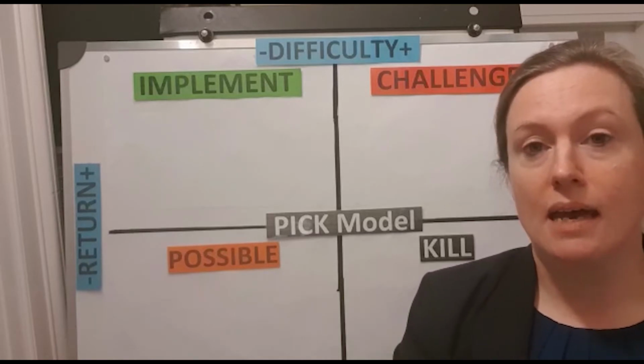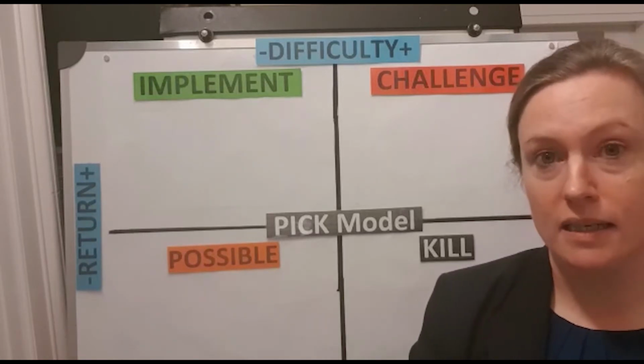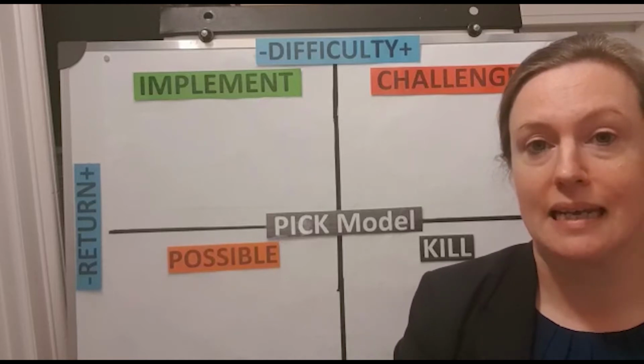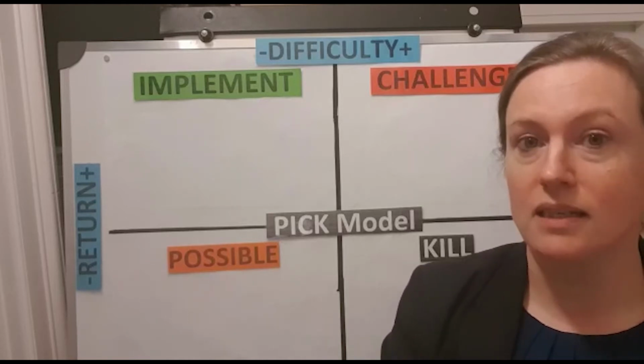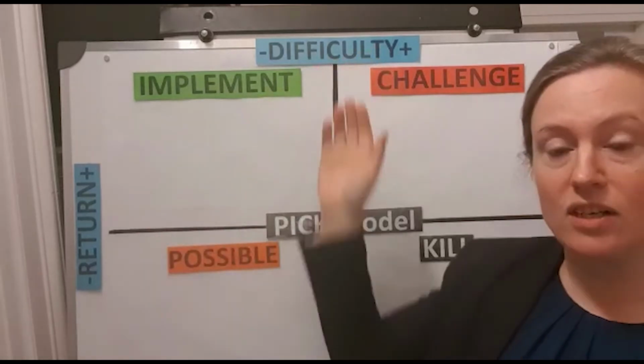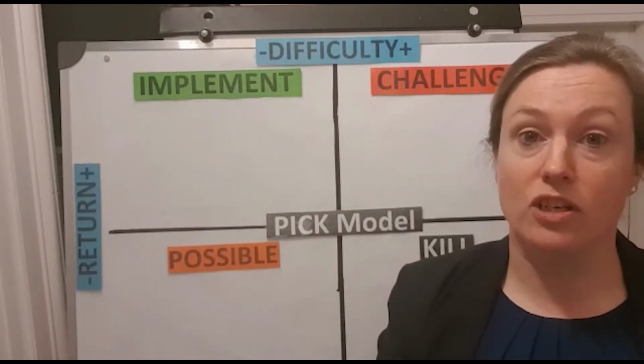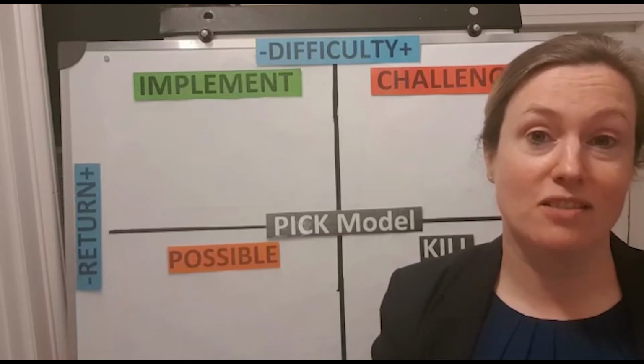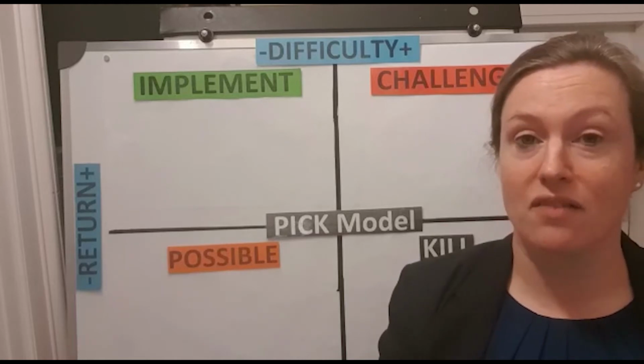So a PIC model is based on two axes. Like most business models, it has 4 quadrants based on 2 axes. And the 2 axes we're looking at are return and difficulty. Obviously you want something to have a return, but the level of return is very much going to be based on the difficulty of the project.